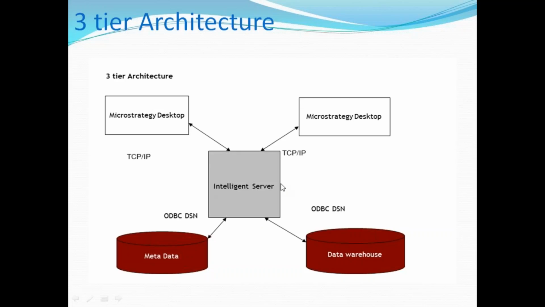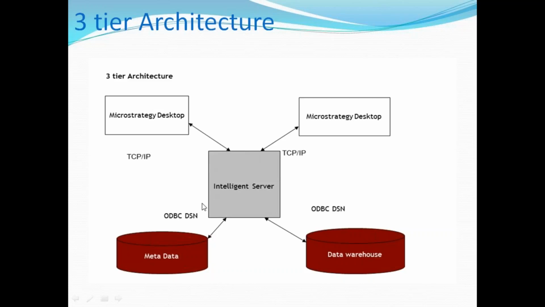And then it is going to take care of job prioritization as well as security. When you log in, what level of security you have, whether you have access to connect to the metadata and data warehouse. In the data warehouse you may have access to a few tables but not others, or only select access and not insert. All this security checking is again taken care of by your Intelligent Server.